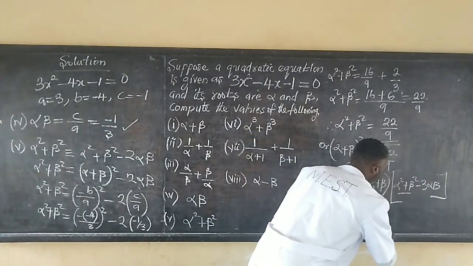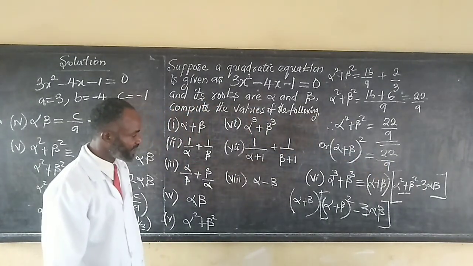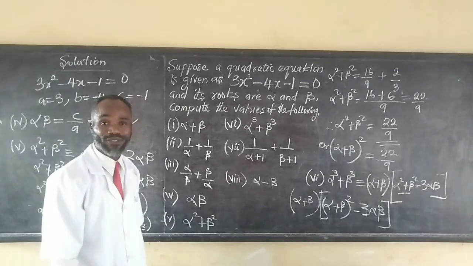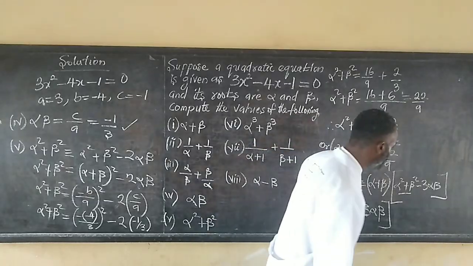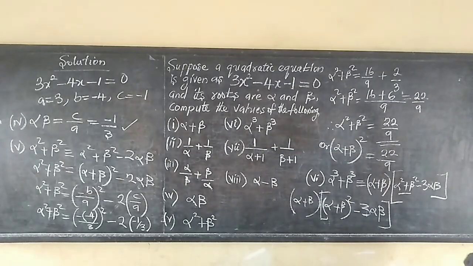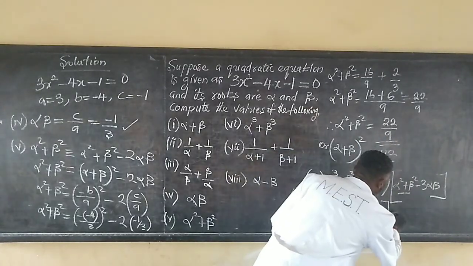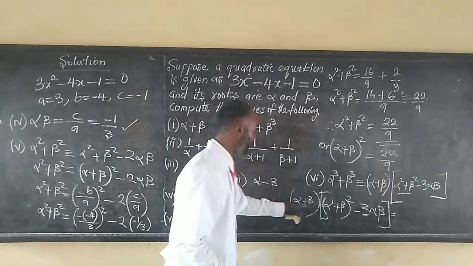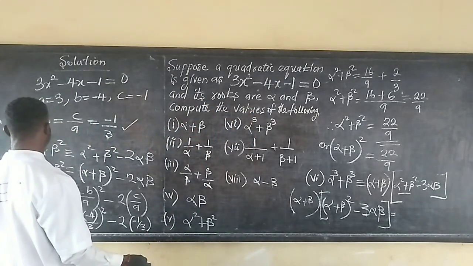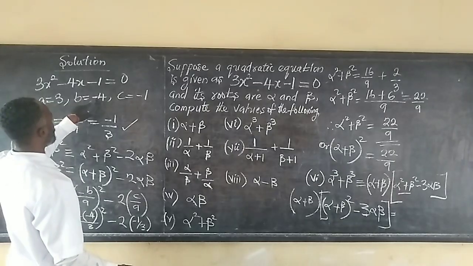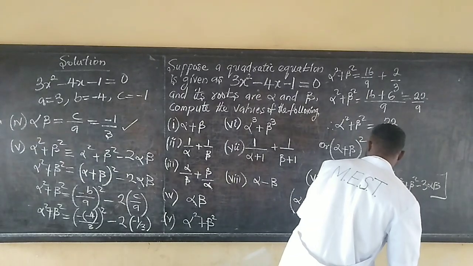I don't want us to waste time here. So let's see if we can substitute. We can substitute at this point. So we begin our substitution at this point. This is alpha plus beta, please. Alpha plus beta should be minus b over a, which is 4 over 3.